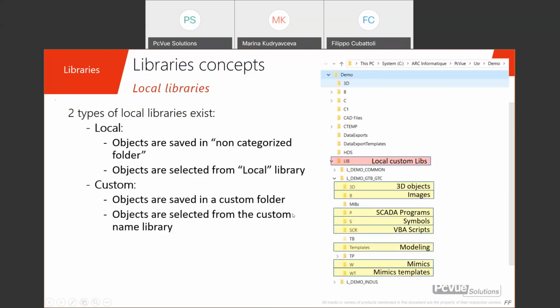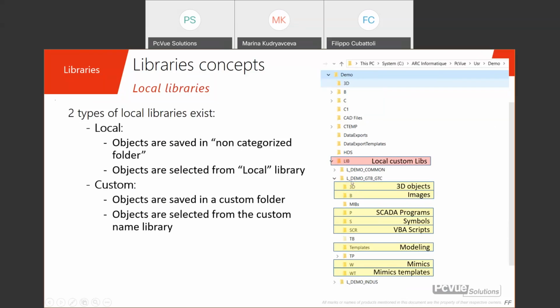The second type of local libraries is the custom libraries. It means that within a project, because don't forget that a local library is available only for a specific project, you can create a specific folder, lib, within which you will have specific folders for specific libraries.